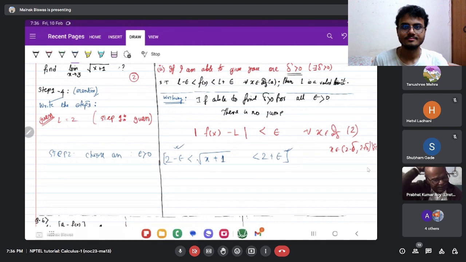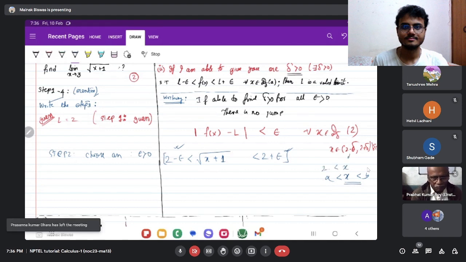What we need to do, if we can get x between some a and b, we would likely be able to get deltas, right? Because x here is between 2 minus delta to 2 plus delta, leaving out 2. So how do we do it? Can anyone suggest?